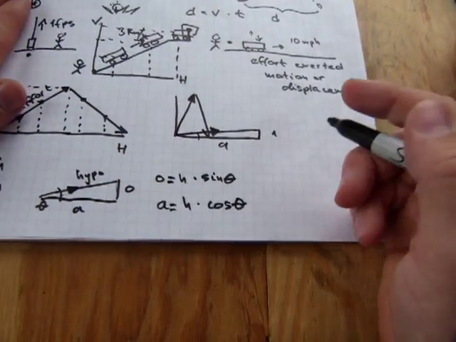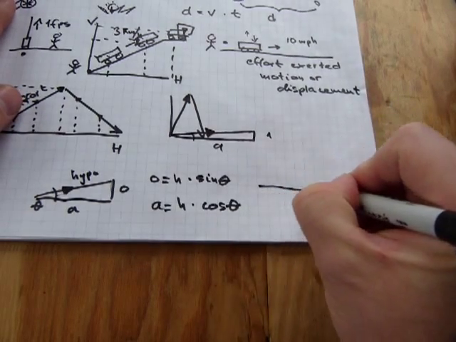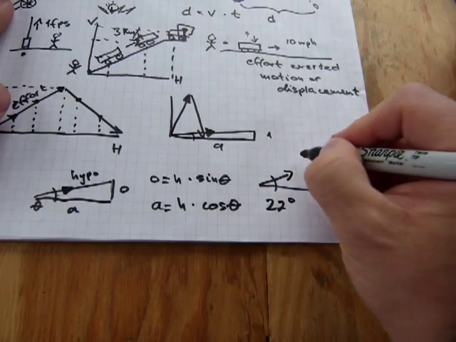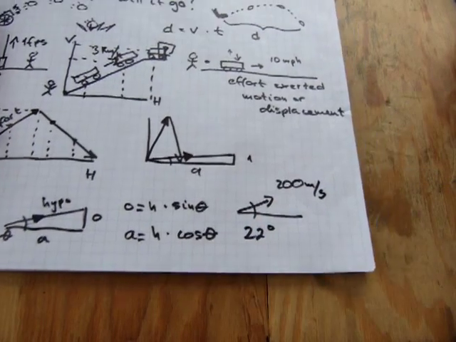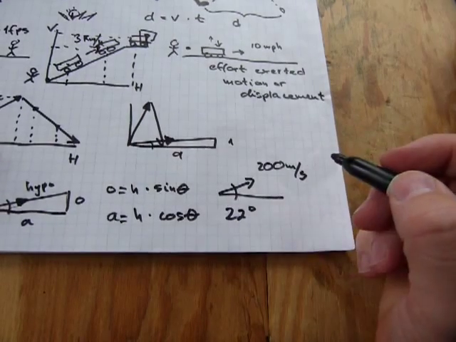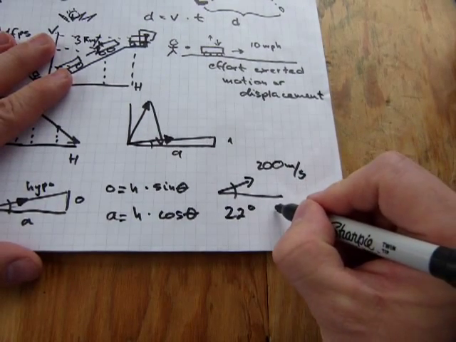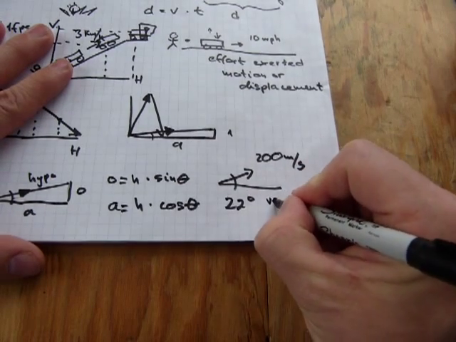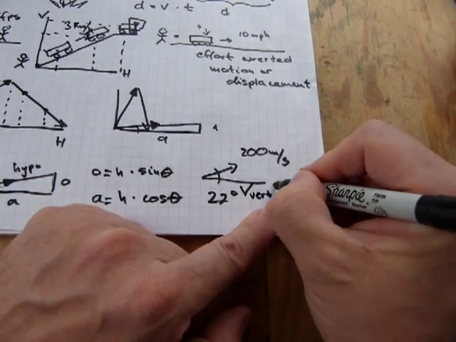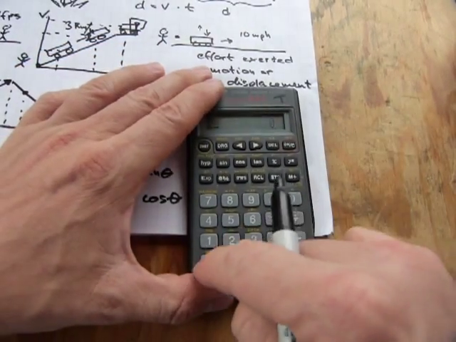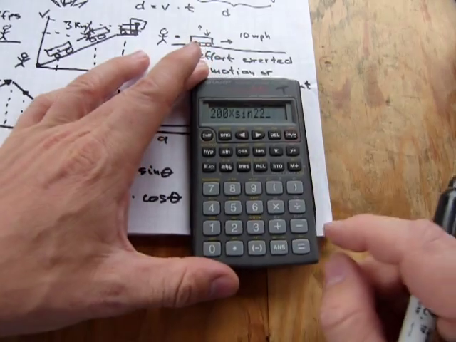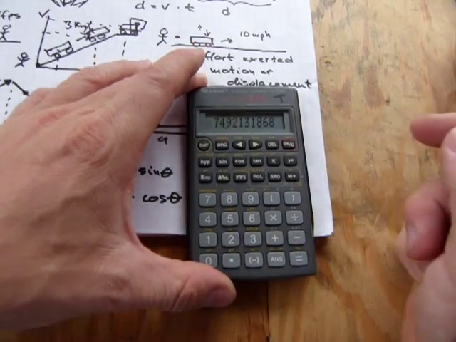Now, let's see some numbers. If a bullet is going up on a, I don't know, 22-degree angle at 200 meters per second speed, then that means that the bullet is rising at velocity vertical equals 200 times sine, what angle? 22 degrees. 200 times sine 22, and it's 74.9.